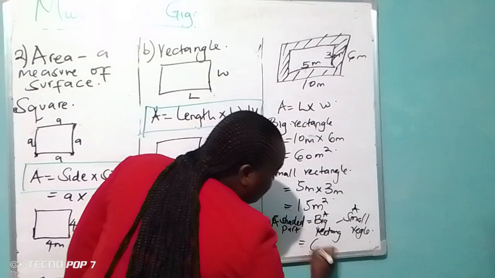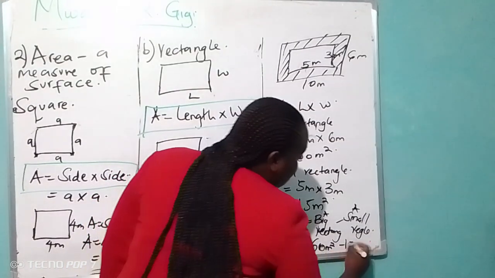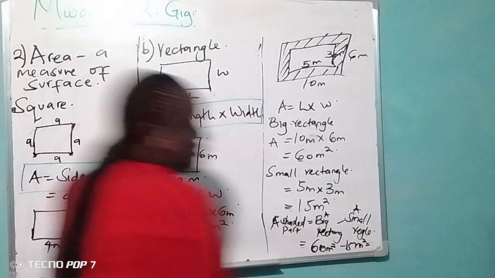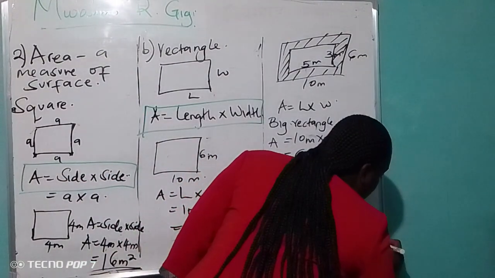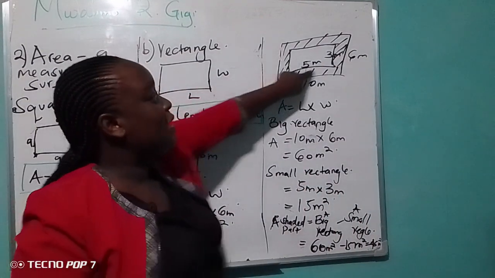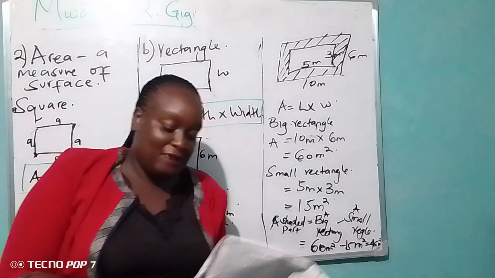So in our case we have 60 meters squared minus 15 meters squared is equals to 45 meters squared. So the area of the shaded part hapa ni 45 meters squared.